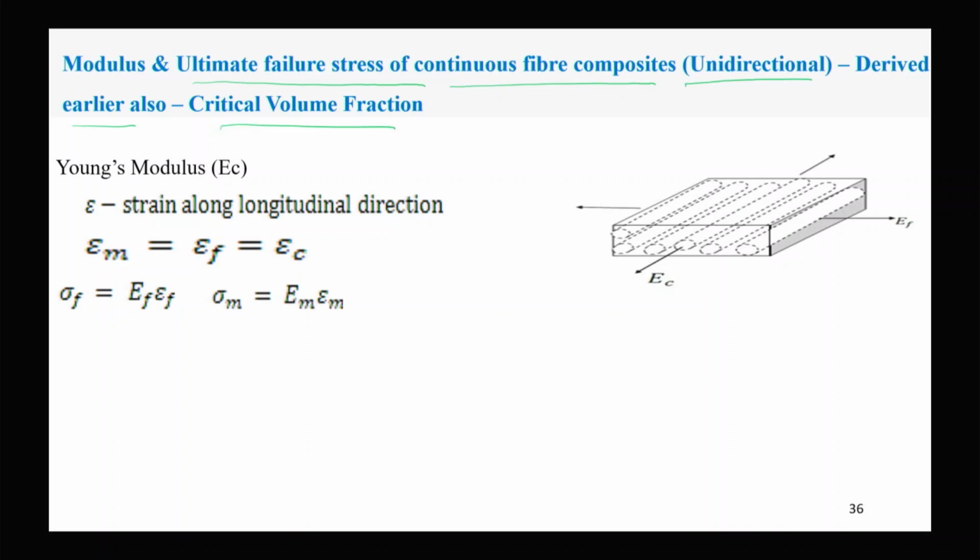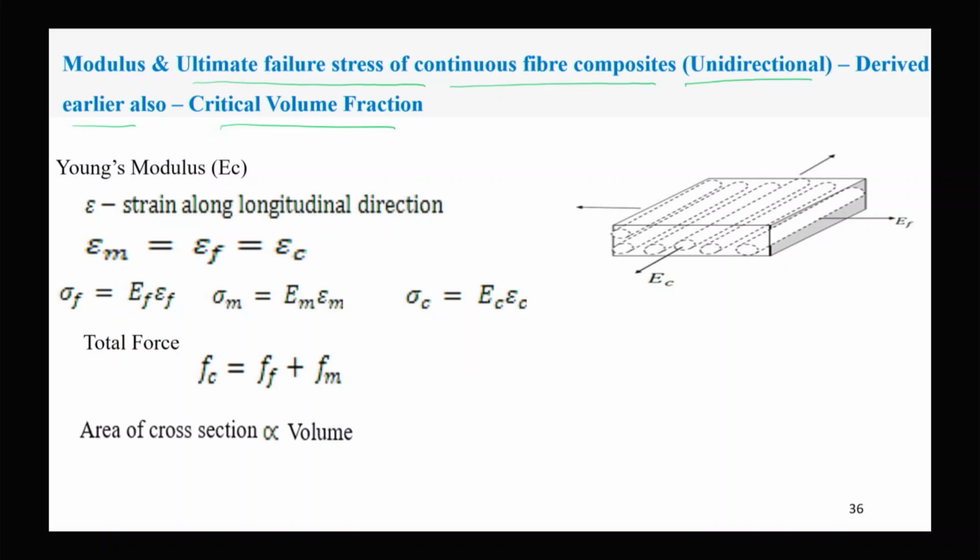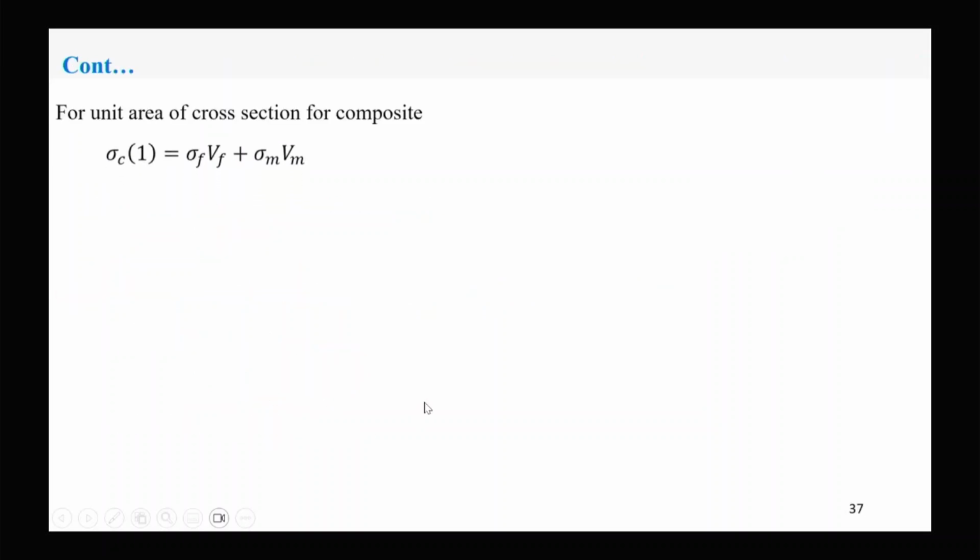So this we have already derived. So total force on the composite is equal to force on fiber plus force on matrix. So area of cross section is proportional to volume. So this we have already derived here.